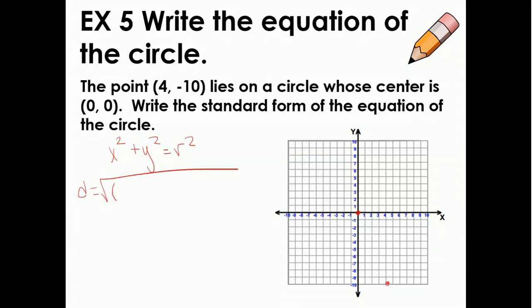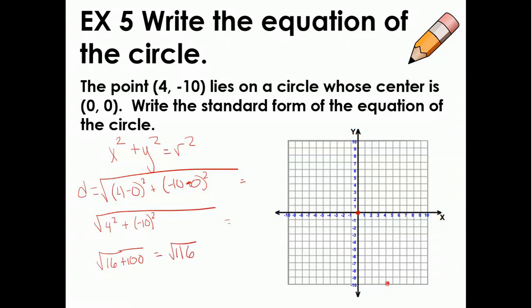So that's going to be (4 - 0)² + (-10 - 0)². That's 4² plus (-10)², right? Which is 16 plus 100, which is the square root of 116.